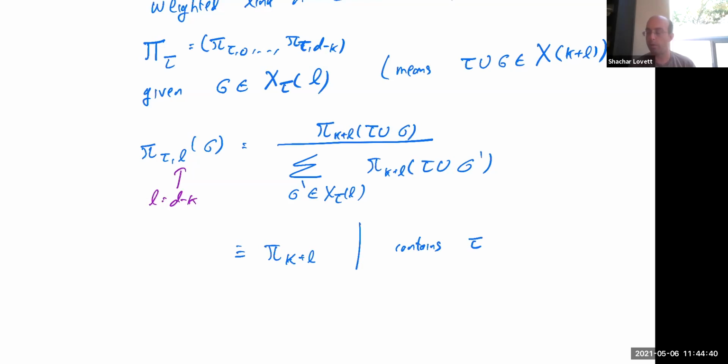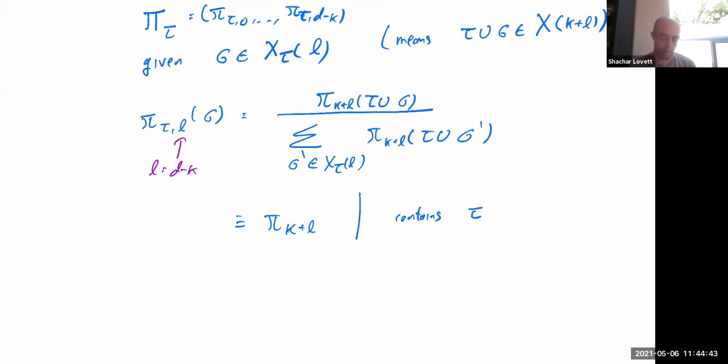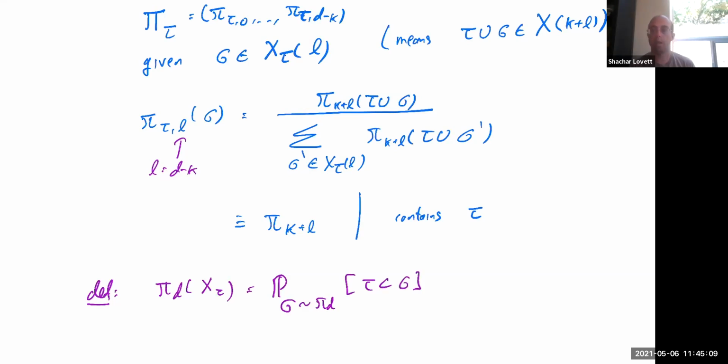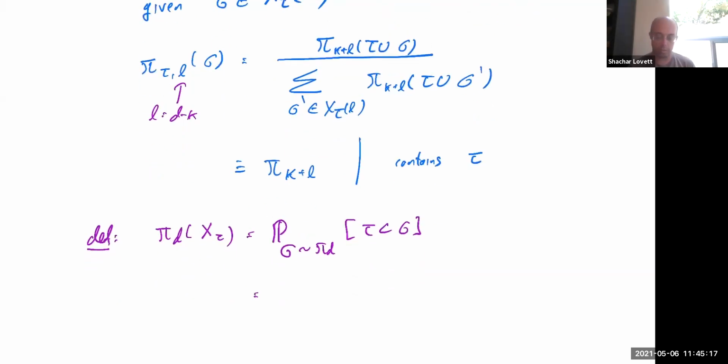And actually, there's going to be something useful for us to talk about. So we're going to make the following definition that's going to be useful for us when we talk about the pi. What is the probability of sampling, of the length of tau? Well, it's just going to be the probability that they sample sigma from pi d, from the big complex, that tau is contained in sigma. Right, it's the probability that, given a random d-dimensional face, it contains tau, and that's exactly this denominator we have.